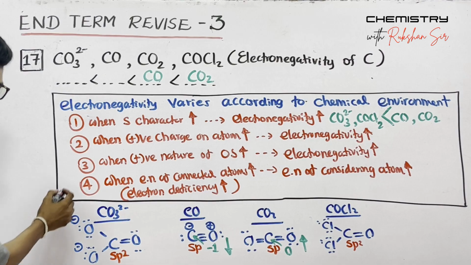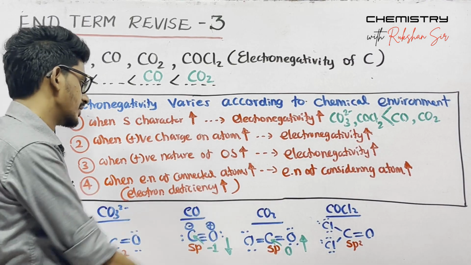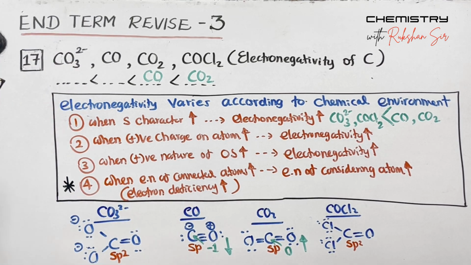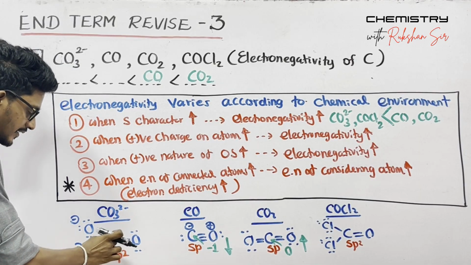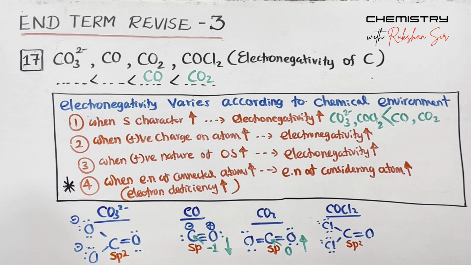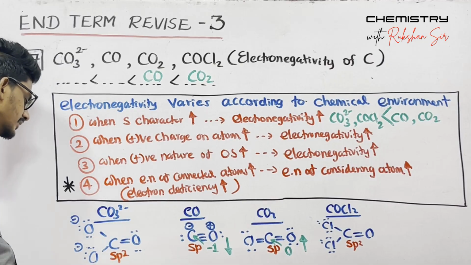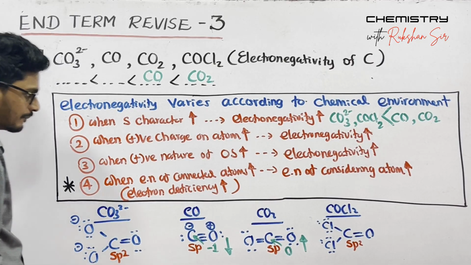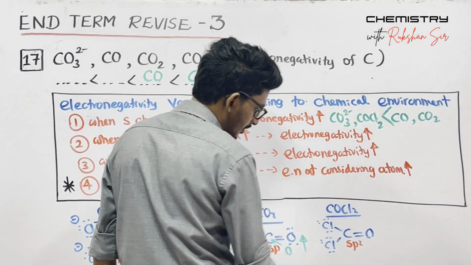Then we have to think of electron deficiency. Here, oxygens will attract the electrons from carbon, compared to two bonds with oxygen and two bonds with chlorine.